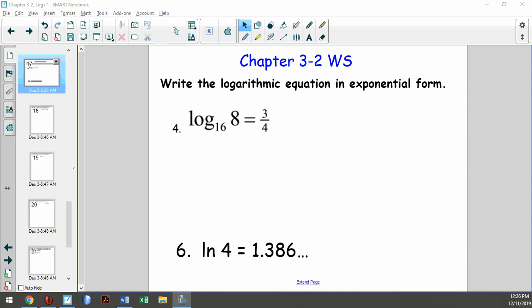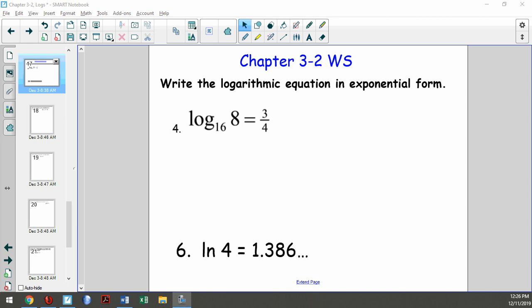Number 10 is 4, 11 is negative 3, 12 is negative 4, 13 is negative 7, 14 is negative 3, 15 is 5, 16 is 6, 17 is 2/3, and 18 is 1/2.